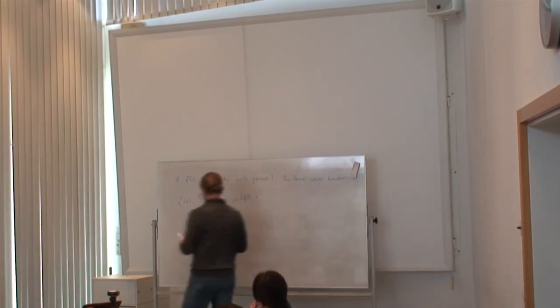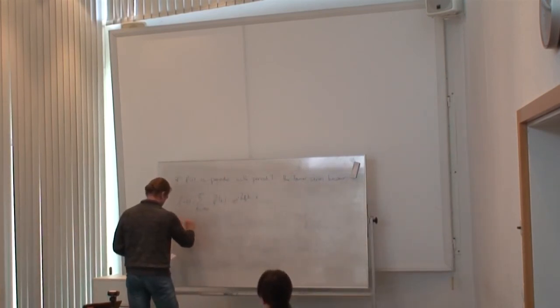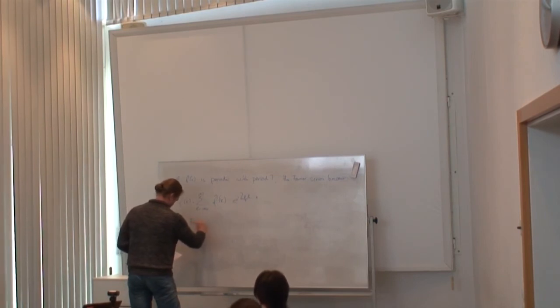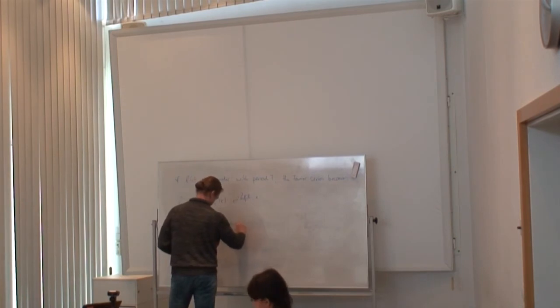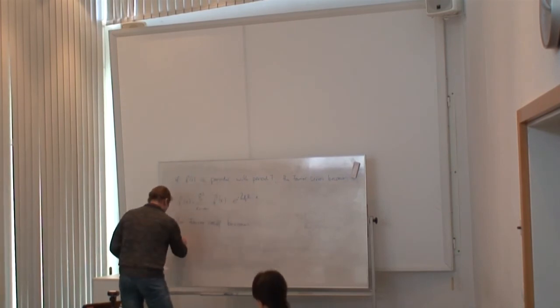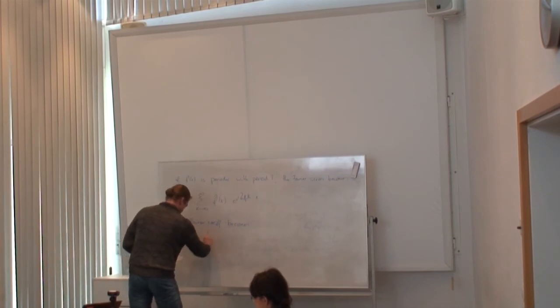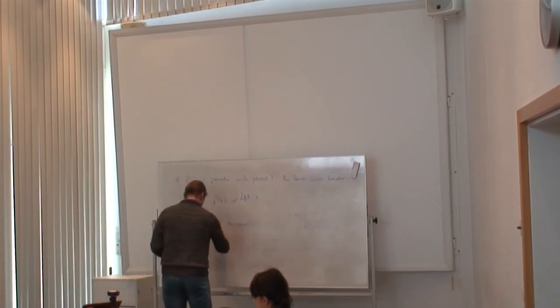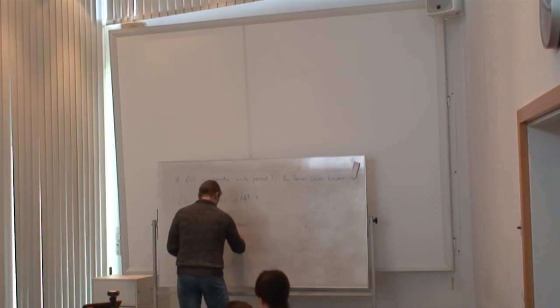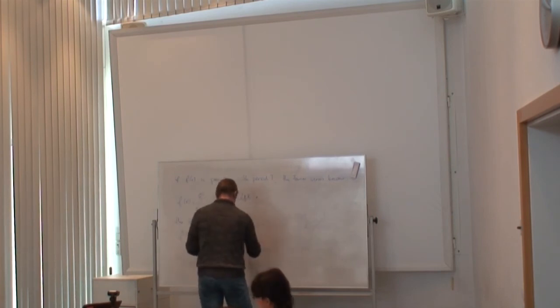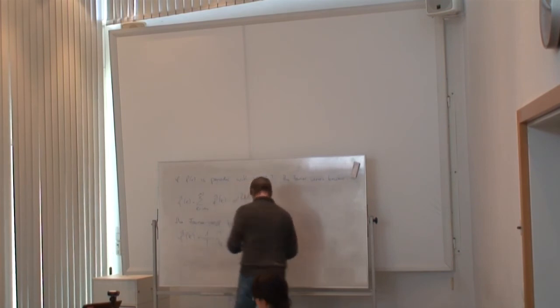And the Fourier coefficient becomes f hat of k is 1 over capital T times the integral from 0 to T of e to the minus i 2 pi k over T times x, f of x dx.